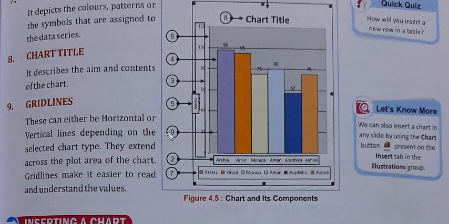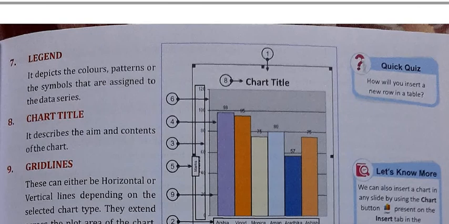Now fifth is the labels of the y-axis. Now sixth is the plot area.